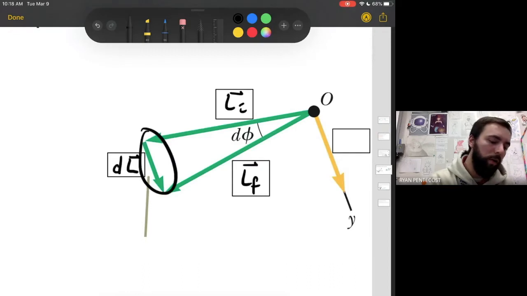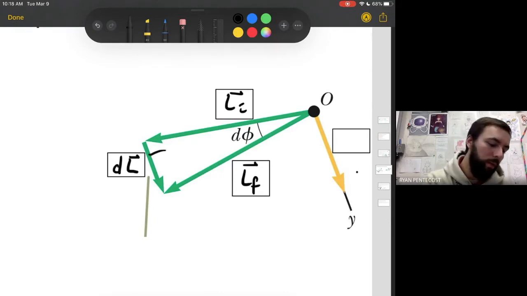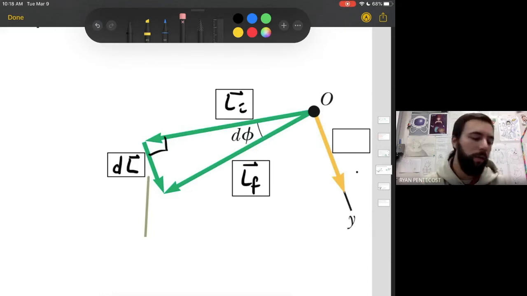This green arrow here is the change in angular momentum. But notice that there is no change in magnitude between this and this arrow, okay? Their lengths don't change, only their direction. So that's why we can show that dL is perpendicular to these arrows, okay? And it's only changing the direction.